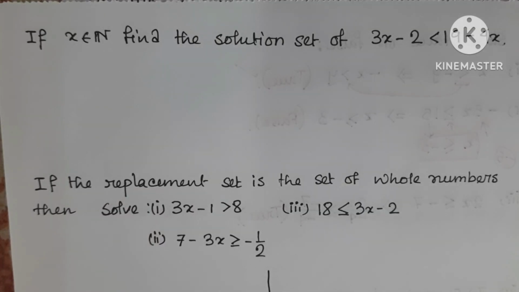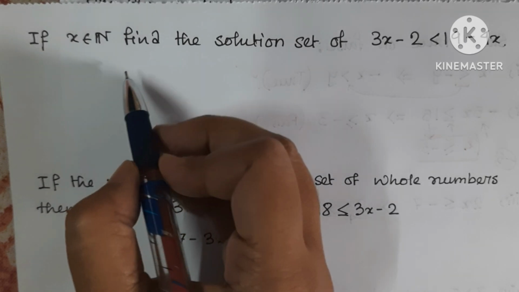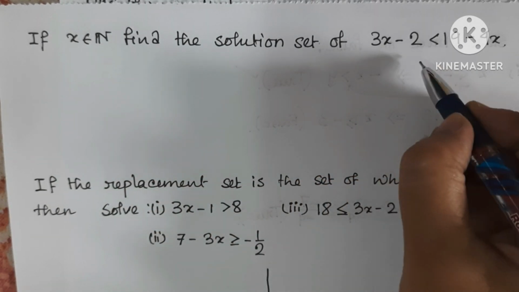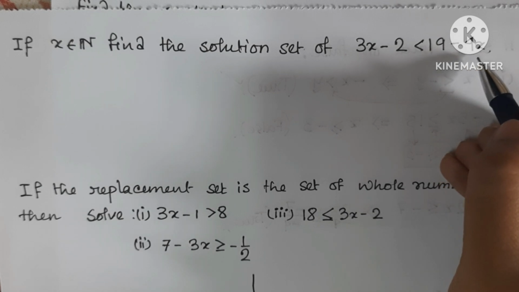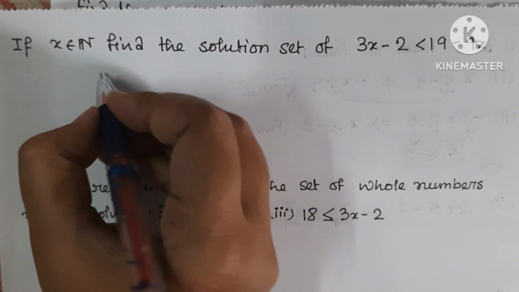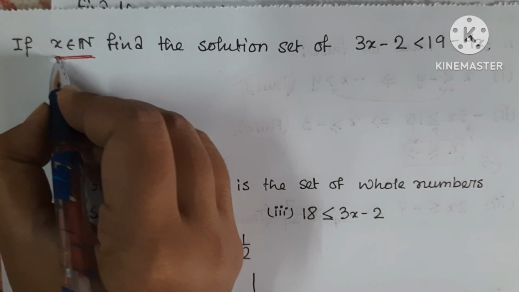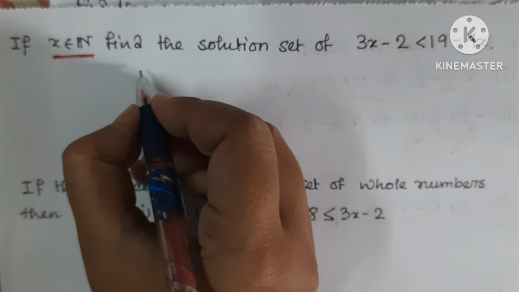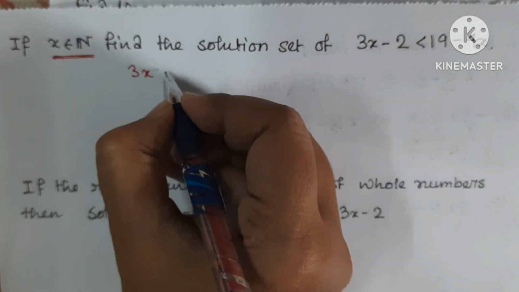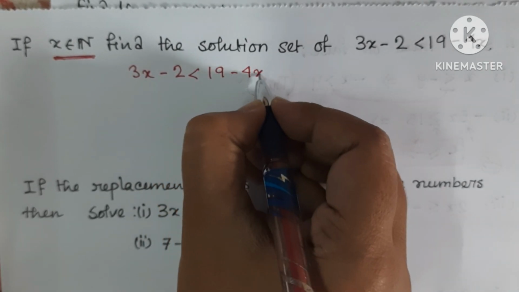Now see this next problem. If x belongs to N, find the solution set of the inequation 3x minus 2 is less than 19 minus 4x.